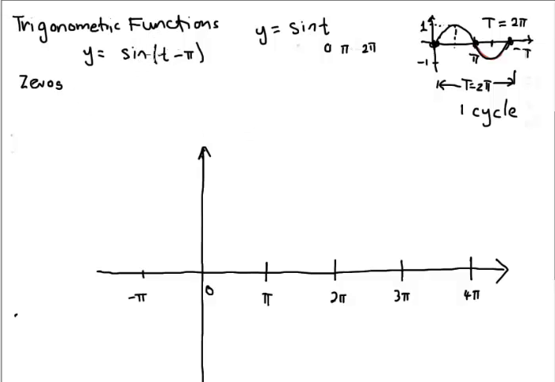So now we're going to say this function is also going to be 0 when its argument is 0. But what is the argument? The argument is t minus pi equals 0. Then which means t is going to be equal to pi.